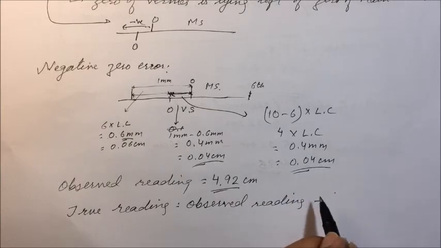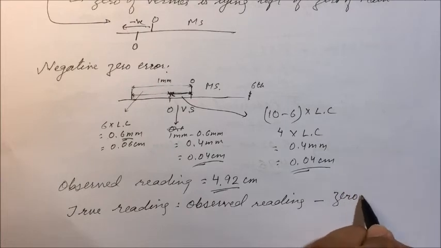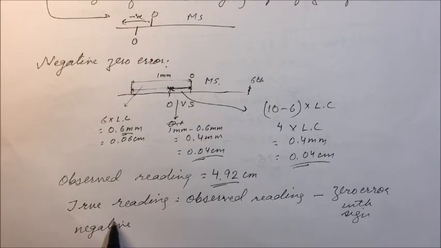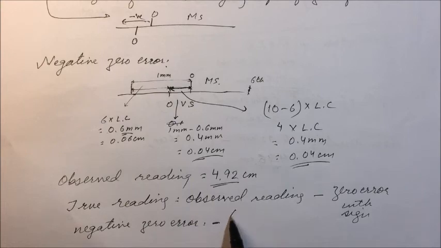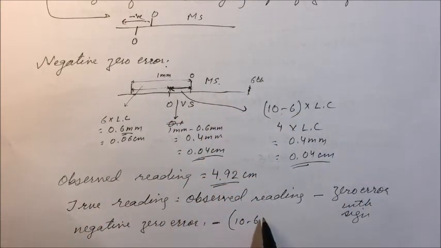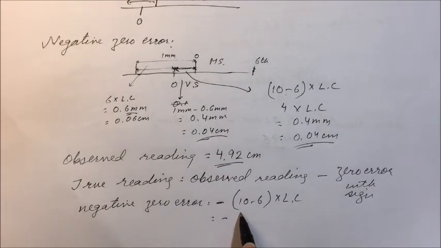It is negative zero error, so minus zero error with sign. Negative zero error is how much? Negative zero error equals minus of, which division is coinciding? Sixth. So 10 minus 6 into least count, minus of 4 into 0.01 centimeter. It is minus of 0.04 centimeter.